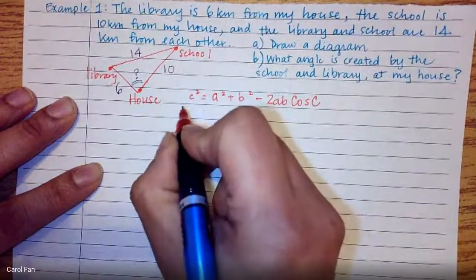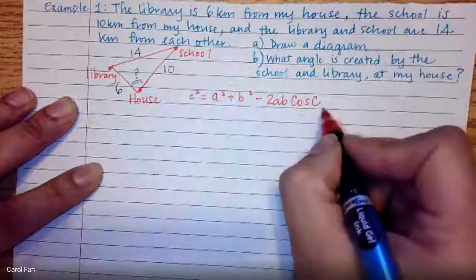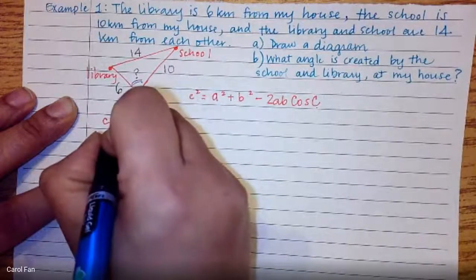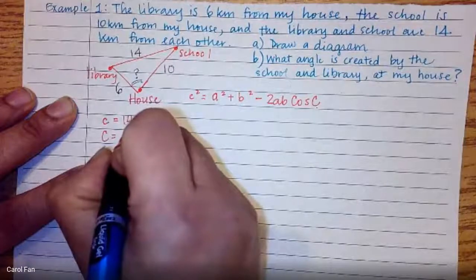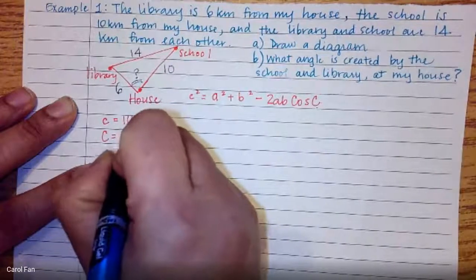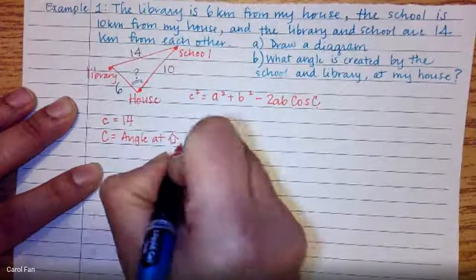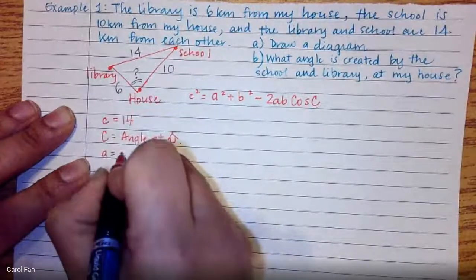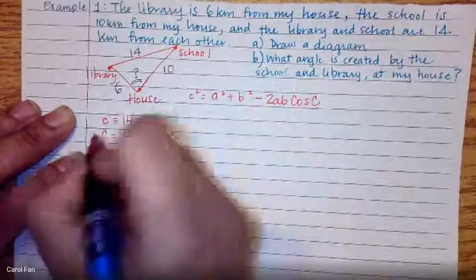So let's substitute our values in. I know that house is going to be my C. So little c is equal to 14. Capital C is the angle at the house. I know that a is 6 and b is equal to 10.